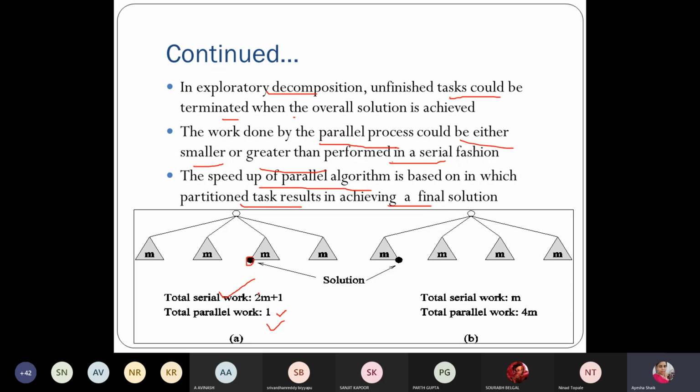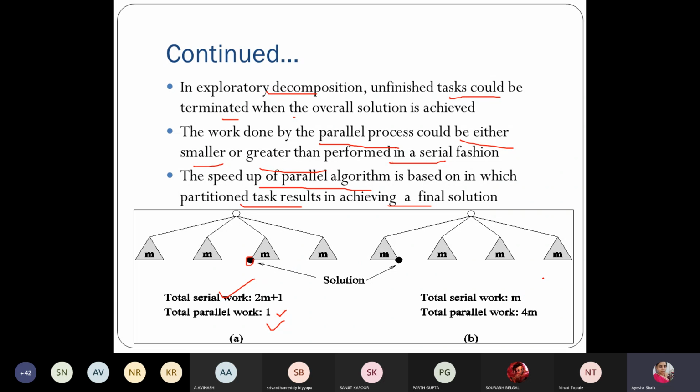But coming to the serial work, we need to complete this task and this one, and then only we will achieve this. So it will be m plus 1. So the total serial work here will be 2m. But if we see this kind of scenario, the total serial work will be taken as m itself, because at the end of this particular task, we are getting the solution.